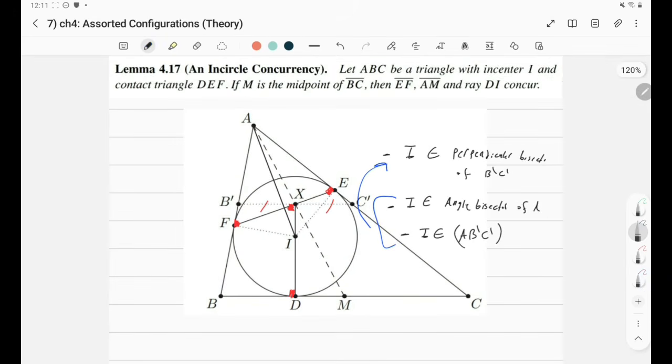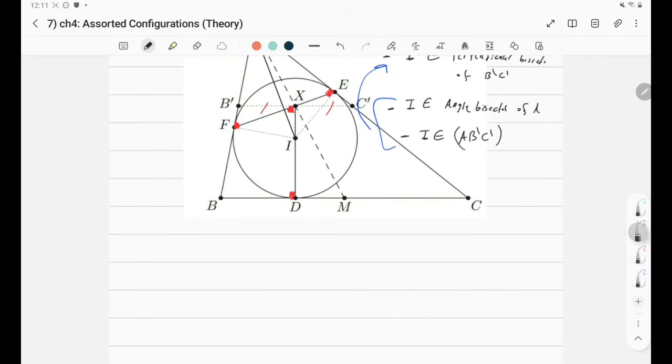So let's just quickly sketch a proof for this. So first of all, we need just to define B prime and C prime such that B prime C prime is parallel to BC, of course, passing through X, I mean.